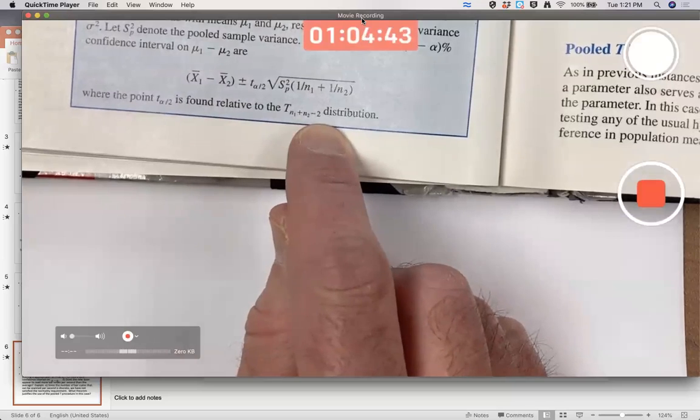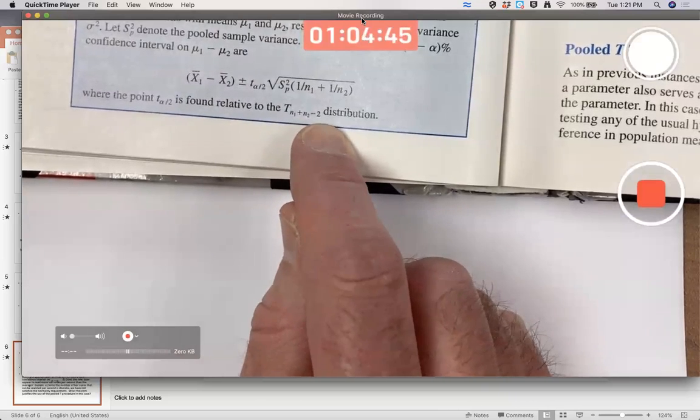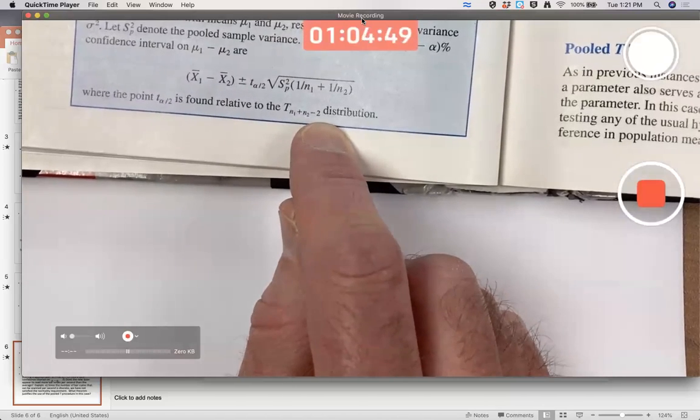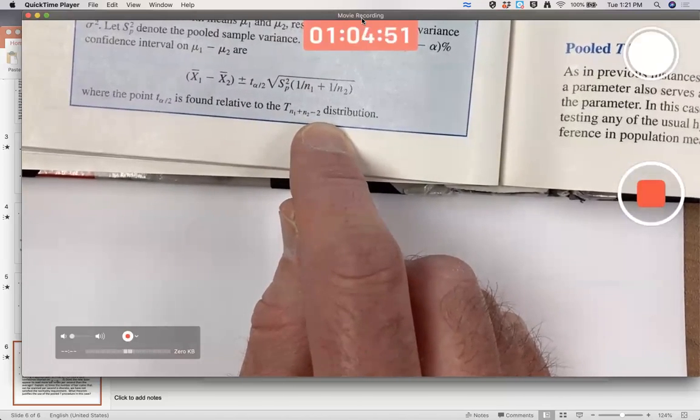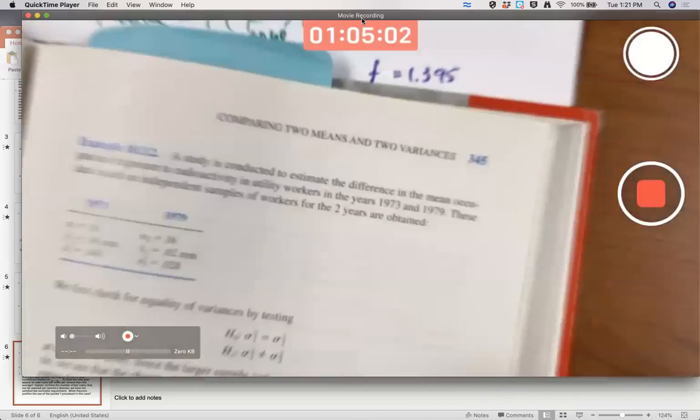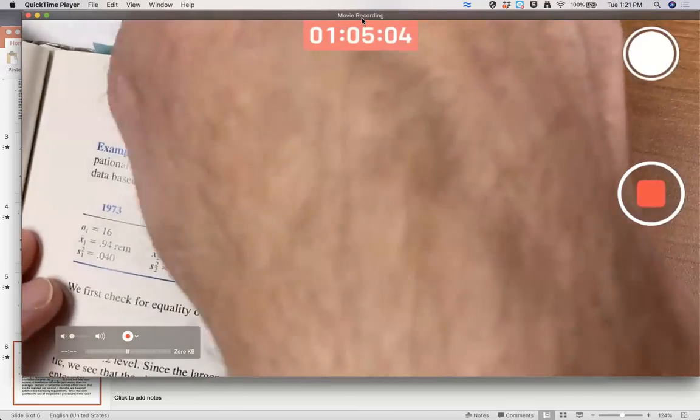So for our problem, n1 and n2 are both 61. So n1 plus n2 minus 2 would be 120. Use 120 degrees of freedom, which I'm forgetting, that might be off the chart in the t distribution chart. Does it even have a 120 degrees of freedom line?